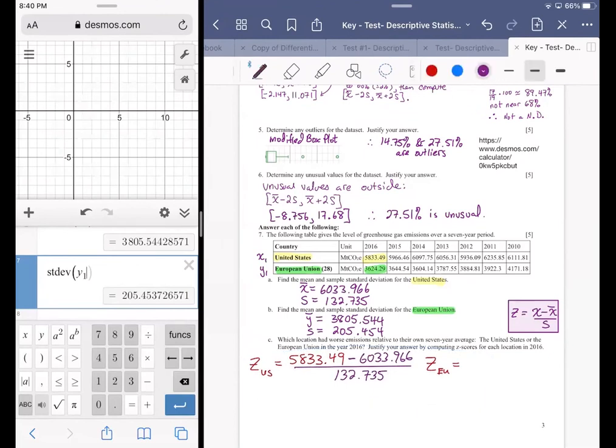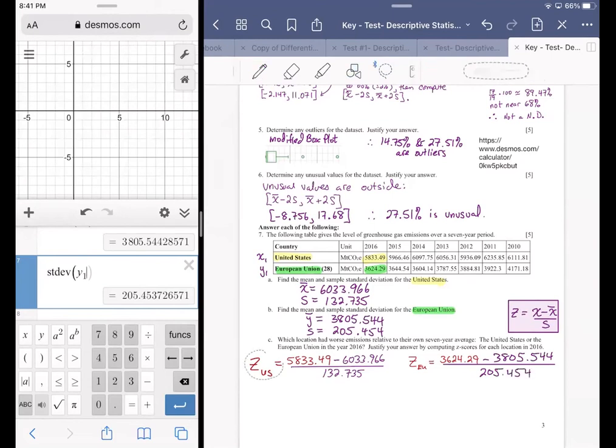And then on the other end, we're looking at 3624.29 minus the corresponding mean, which would be 3805.544 over 205.454.